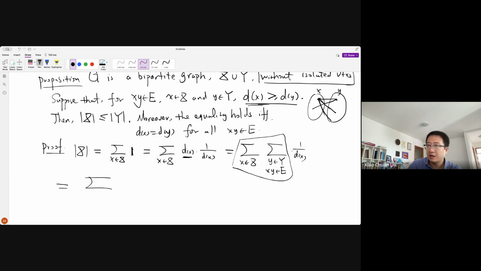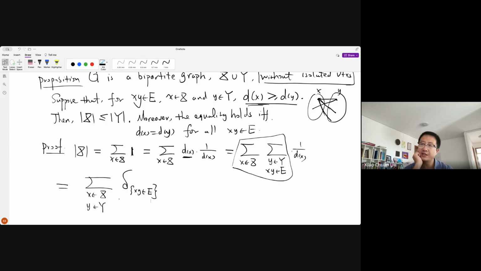I put x in X and y in Y. I consider all situations of x in X and y in Y. If they form an edge, I put 1. If they don't form an edge, I put 0. So I decided to write a function for this, called the Dirac delta function: delta of xy in E.